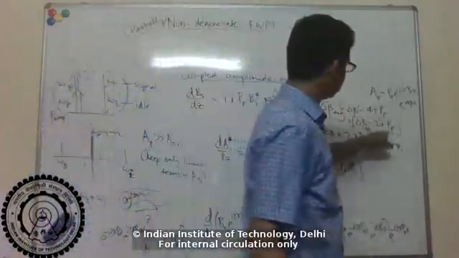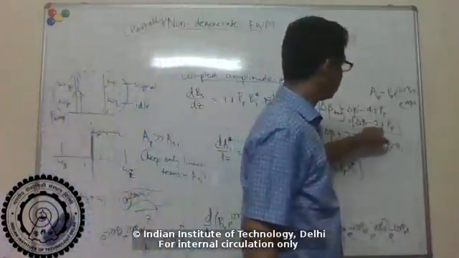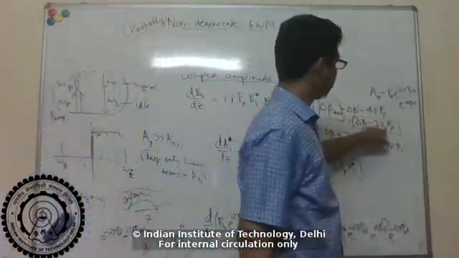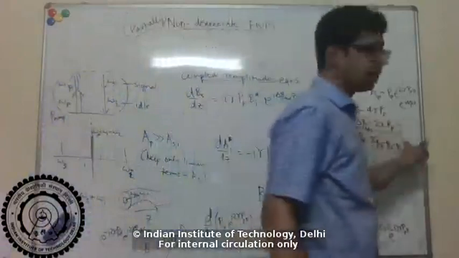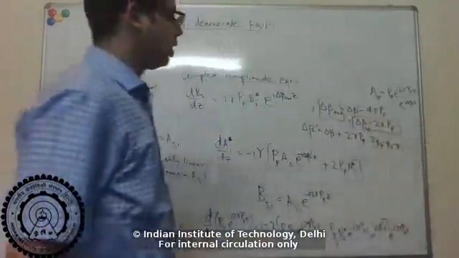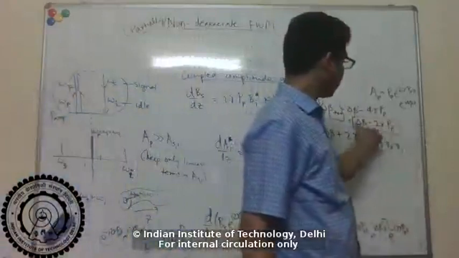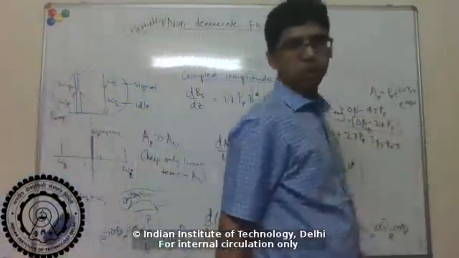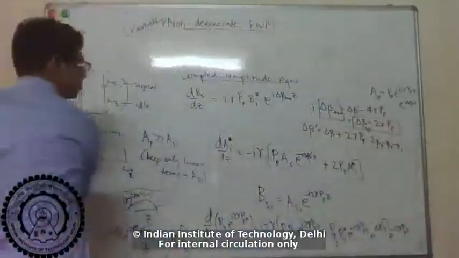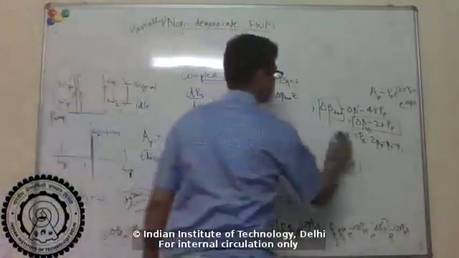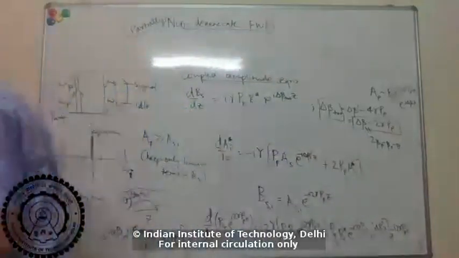And then there's an additional factor coming in here, which is something like the nonlinear phase shift. Gamma P times L gives me the nonlinear phase shift. So this is the correction to the phase mismatch coming from the nonlinear phase.